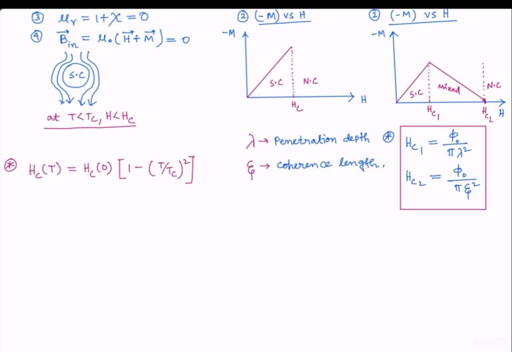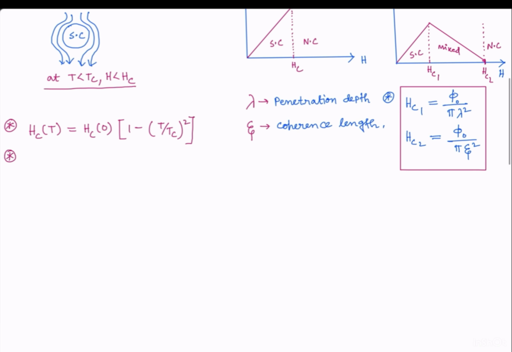And next is the energy gap at temperature T equal to Eg at 0 Kelvin into 1 minus T by Tc whole to the power of something.